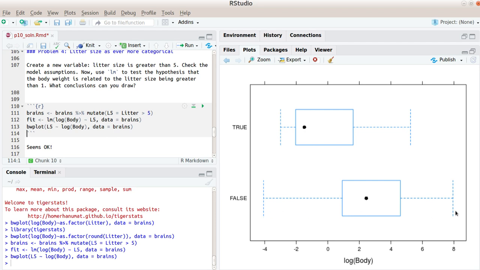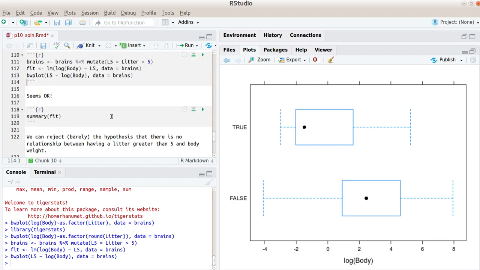They're approximately the same width, and you could say approximately symmetric. This is not quite symmetric, but good enough. So now we can proceed with predicting log body from those 2 categories: true, meaning letter is greater than 5, and false, meaning letter is 5 or smaller.